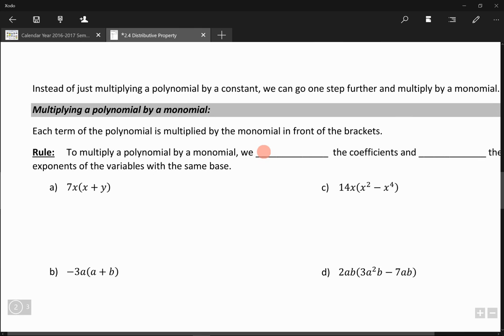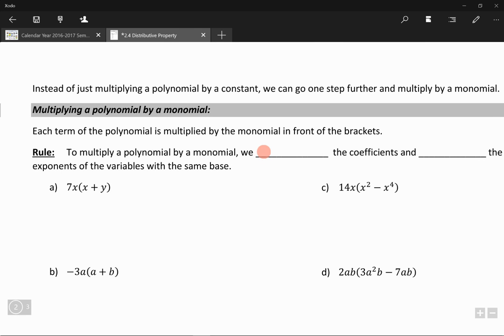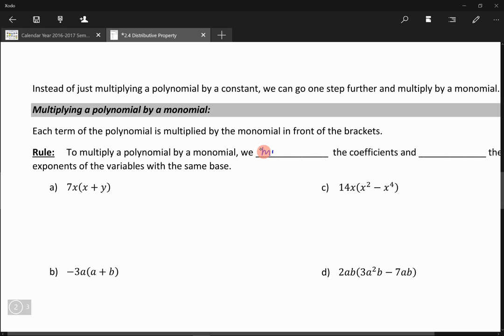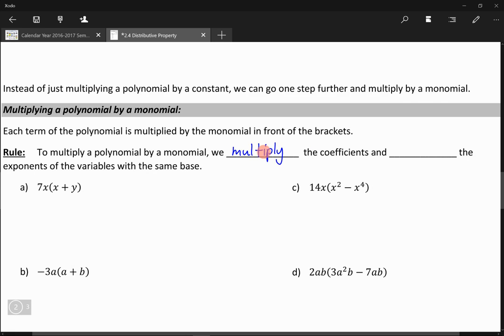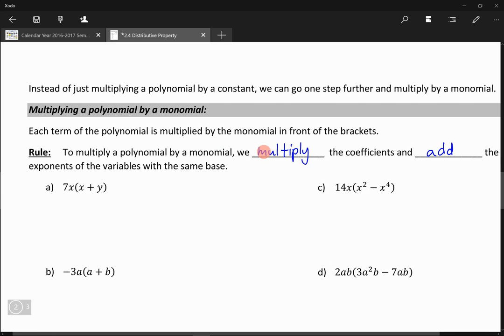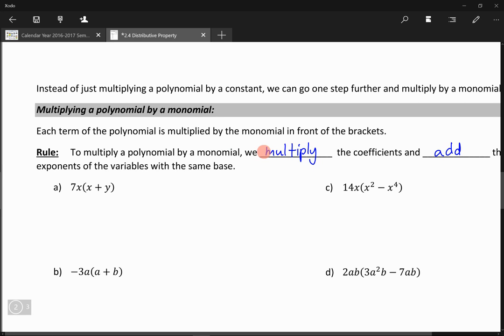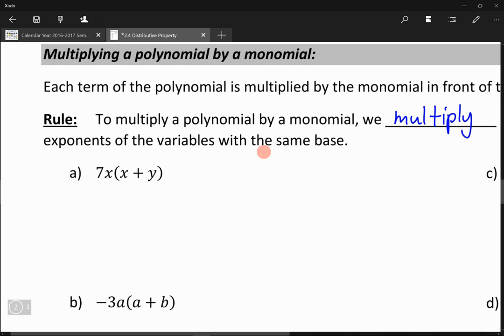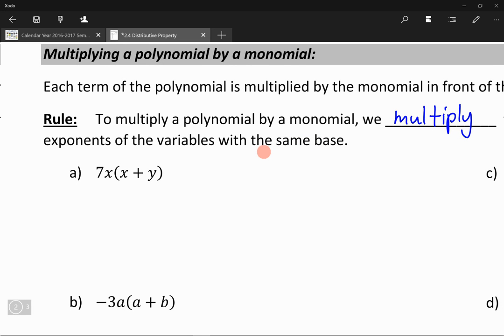So the rule is to multiply a polynomial by a monomial, we multiply the coefficients and add the exponents of the variables with the same base. Okay, so let's look at the first one. Here I have 7x times x plus y.